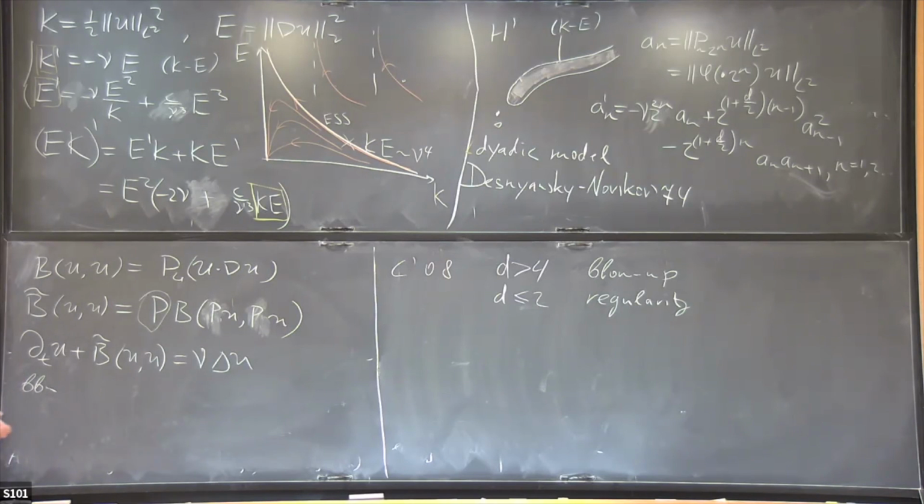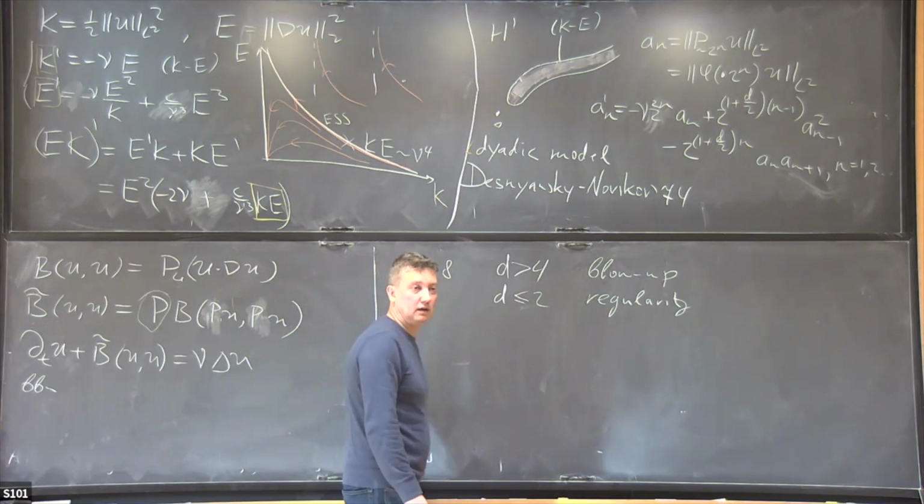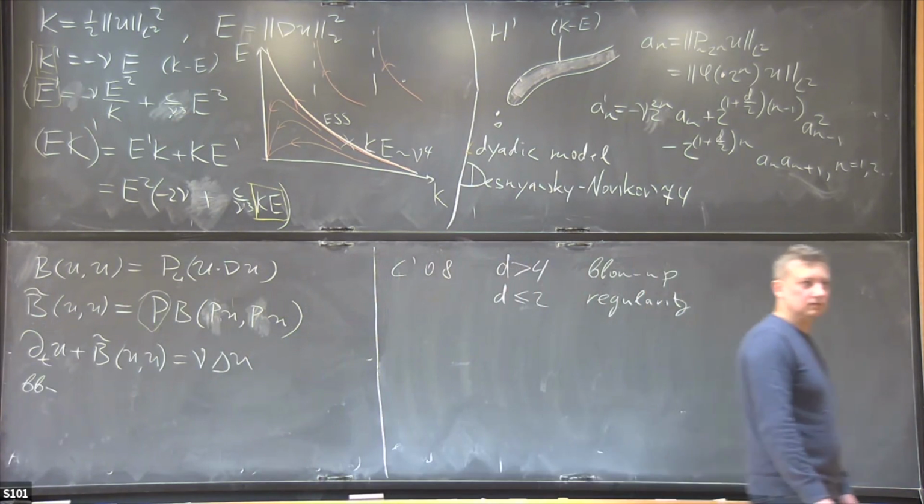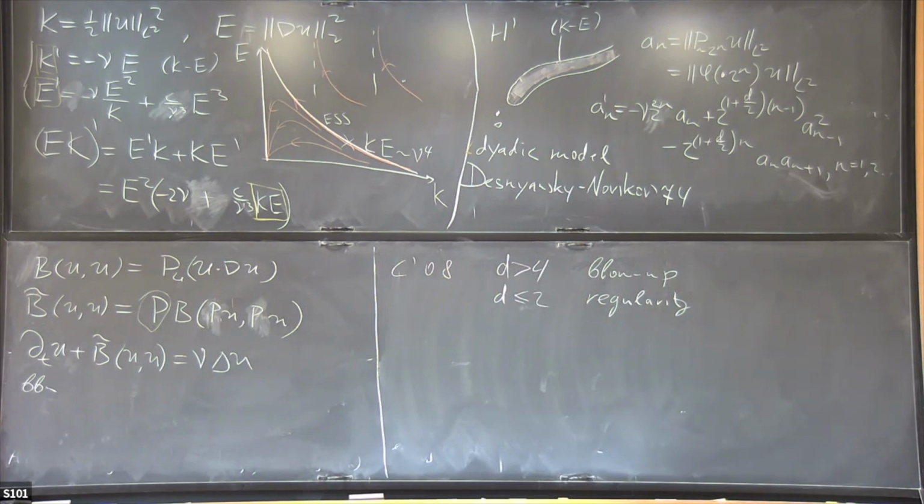I start with some path again, and then I take all the Fourier modes ever visited by that path, and then I project on those Fourier modes. It's like some invariant set of lattice points, right? Well, yes. Anyway, it's some projection operator. That's all.